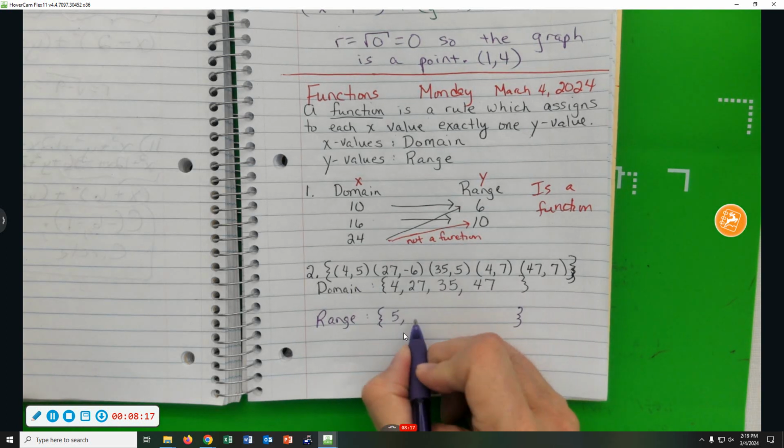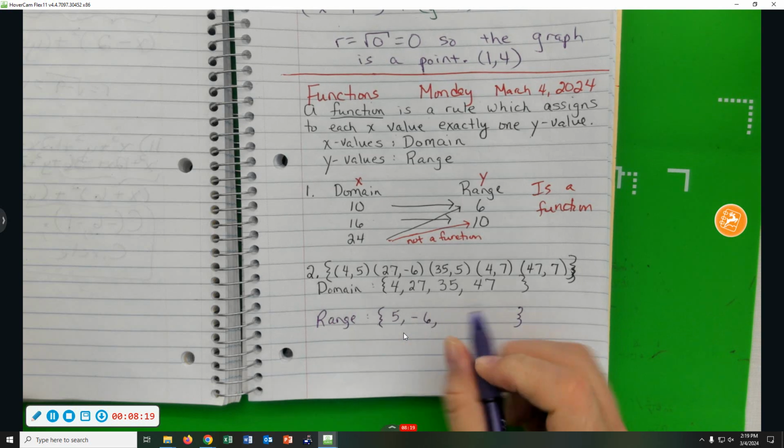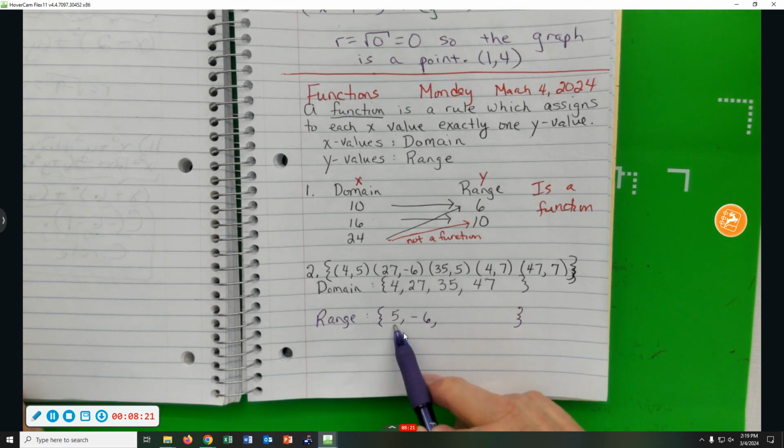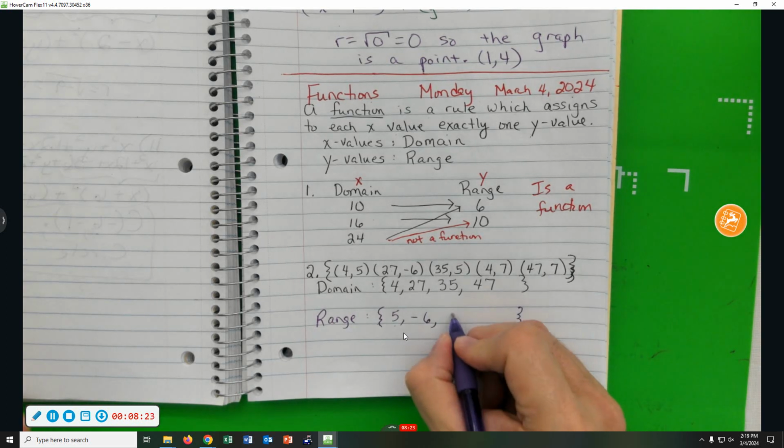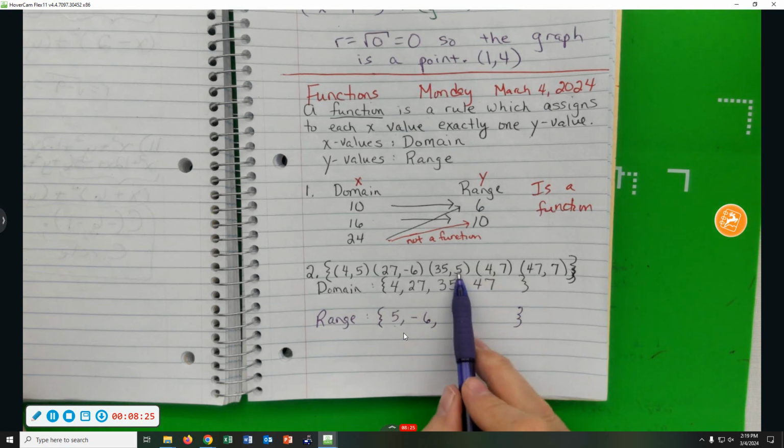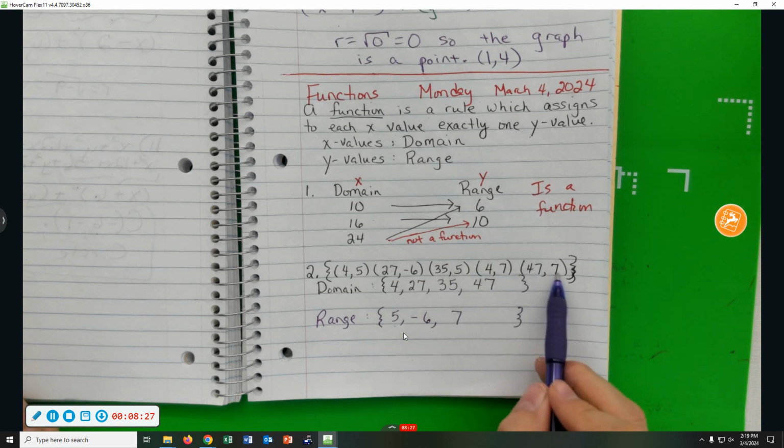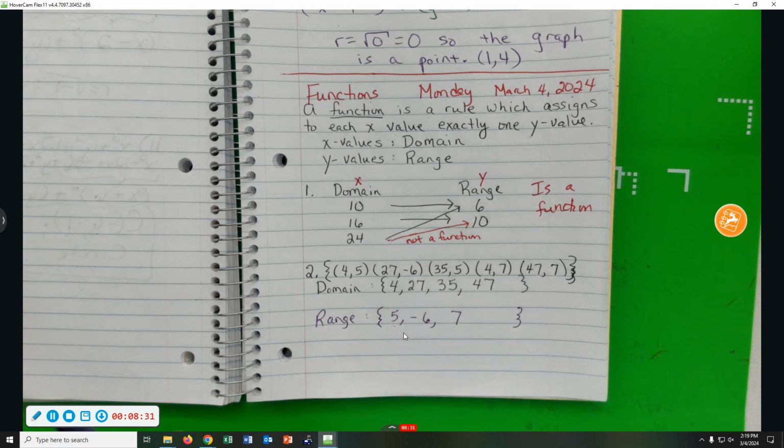5, -6, and what else? 7. Notice how I don't type the 5 again, and I only type the 7 once. If you accidentally type the 7 twice, they'll tell you, hey, you're not supposed to type the same number twice. They do give you a warning message that tells you what you did wrong.